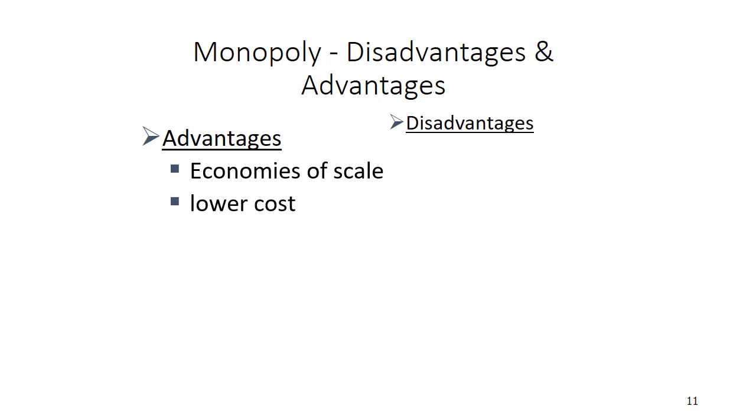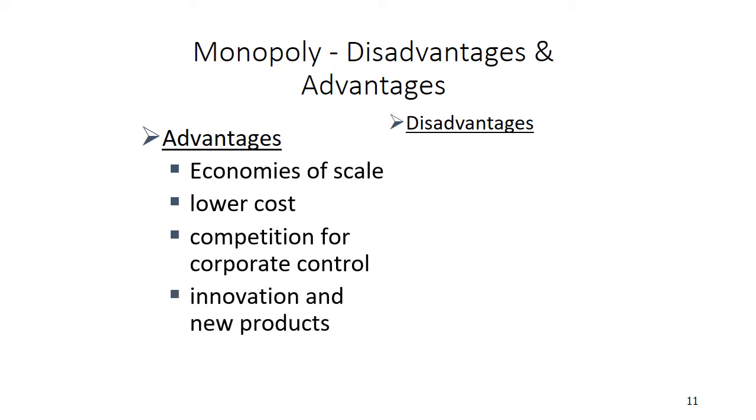Another advantage is their average cost per unit is very low, a lower cost. And competition for corporate control. Innovations and new products can be there also. It's another advantage.